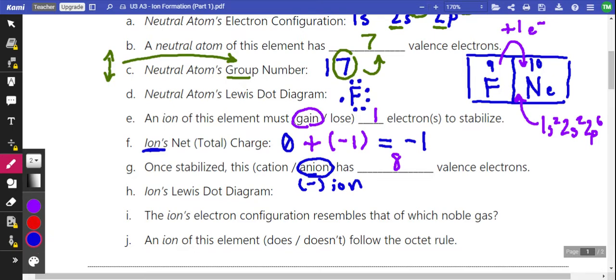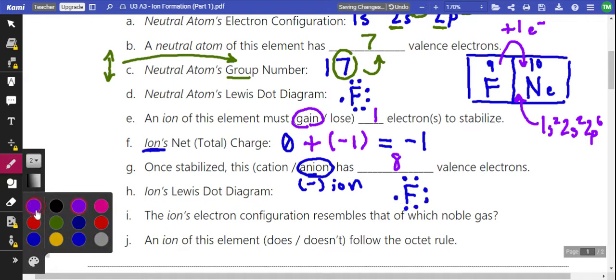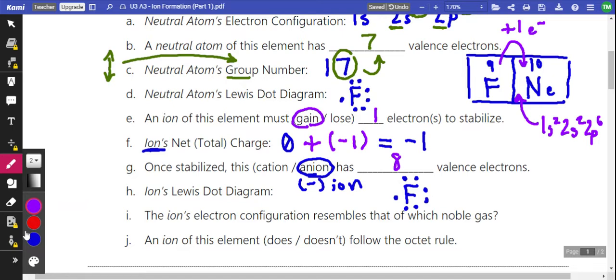Okay. So I'm going to do it off to the side so I have some more room. So here's fluorine. And it had its 1, 2, 3, 4, 5, 6, 7 valence electrons here. And it picked up an extra one. Okay, cool. Well, that's not the only thing that changed.